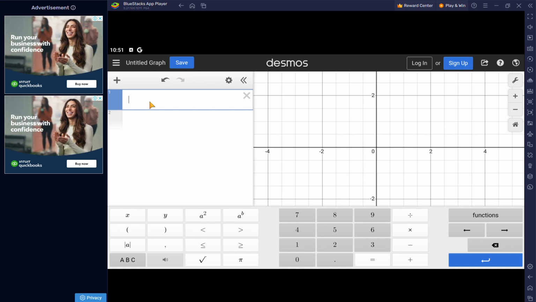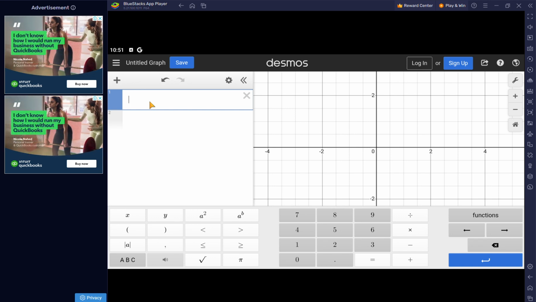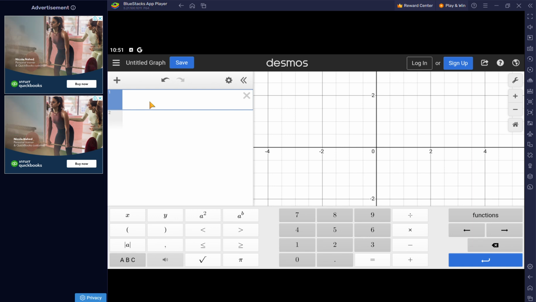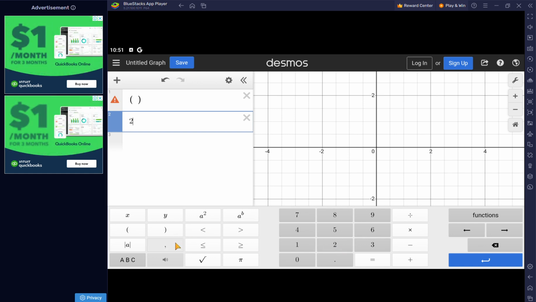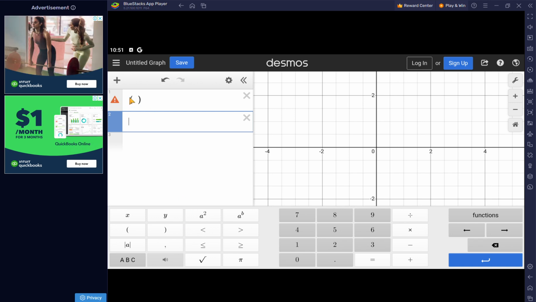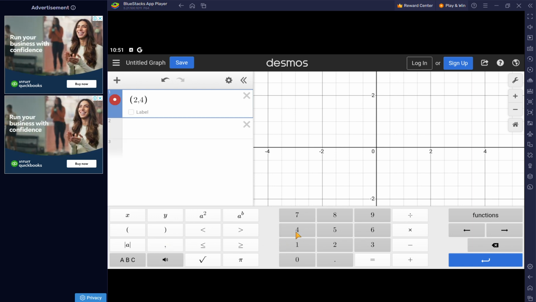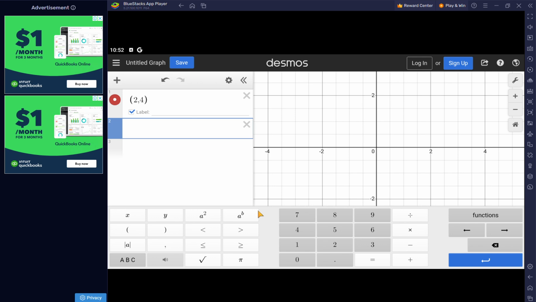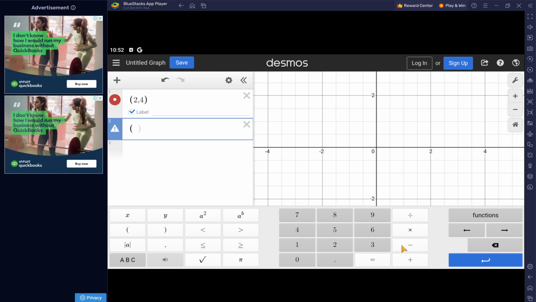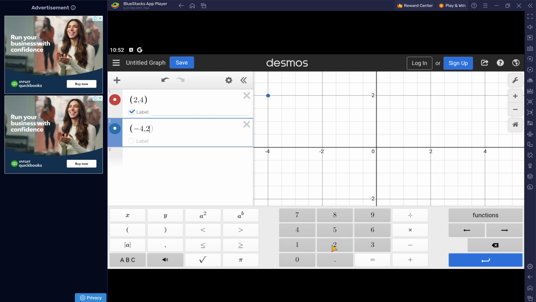For the first coordinate, we have (2, 4), and next will be (-4, 2).